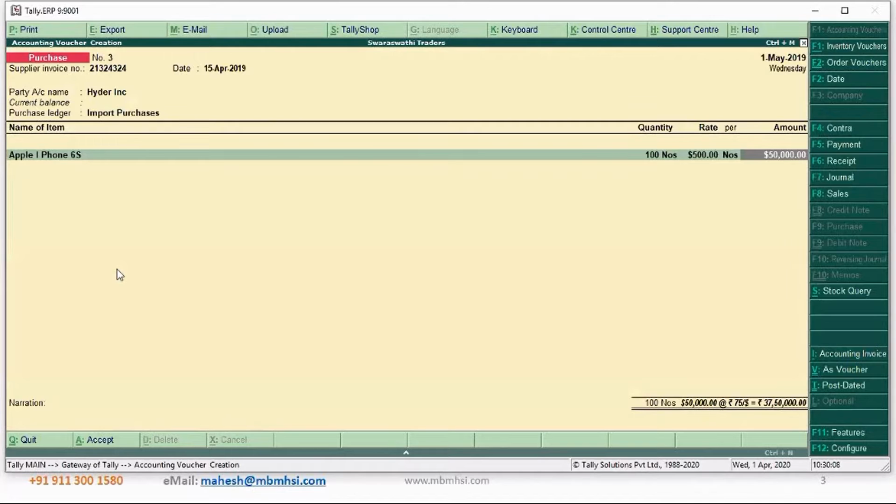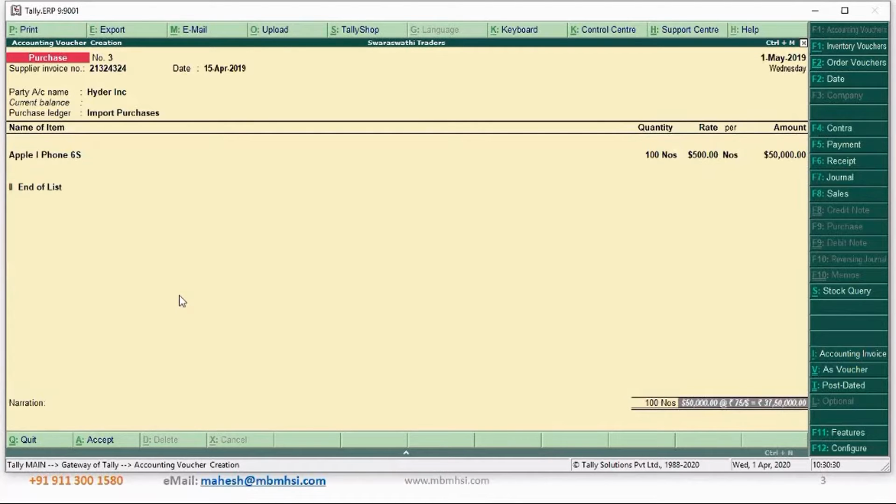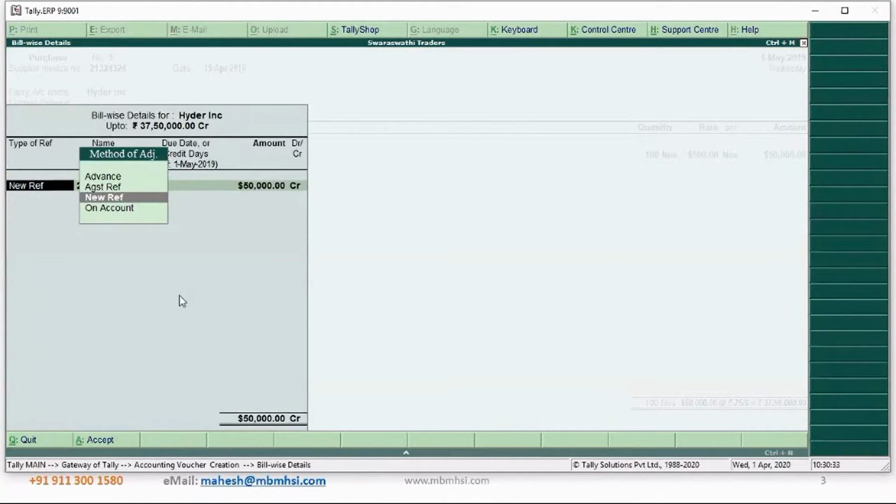So it's $50,000, and at the bottom it is also showing 100 numbers, $50,000 at 75 rupees per dollar, which is equal to 37,50,000 Indian rupees. Is this clear? And it's showing the original supplier reference bill. I'm saying I get 15 days of credit to pay this $50,000.